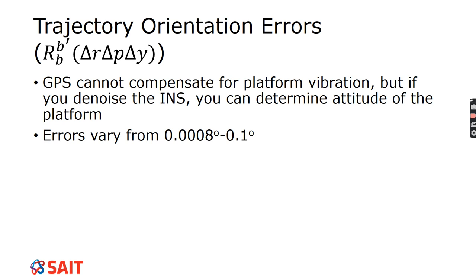You can denoise the INS to say, okay, we're going to get rid of this vibration in the data, which allows us to be a little bit more accurate. And once you've denoised it and smoothed that out a little bit, you can determine the attitude of the platform. But our errors are still within a few decimals of degrees, right? So this is all in degrees, so 0.1 degrees at the most is the error from the INS.